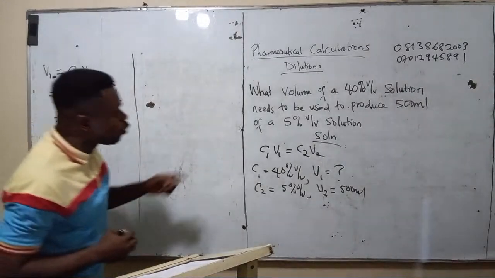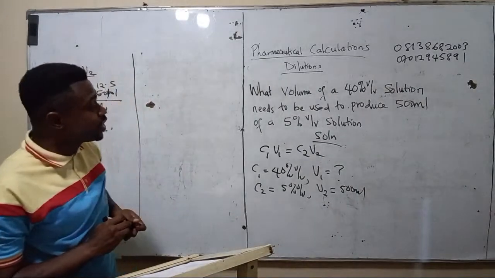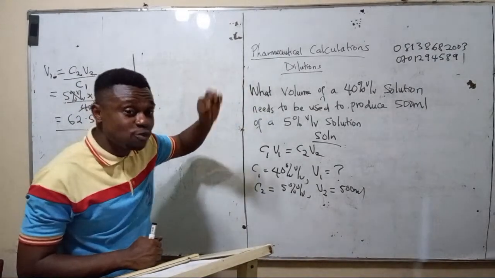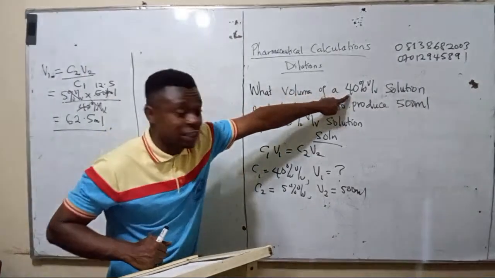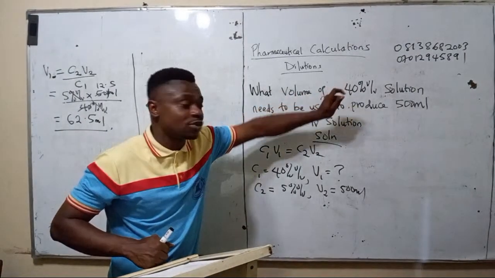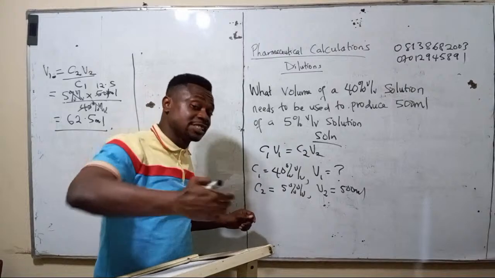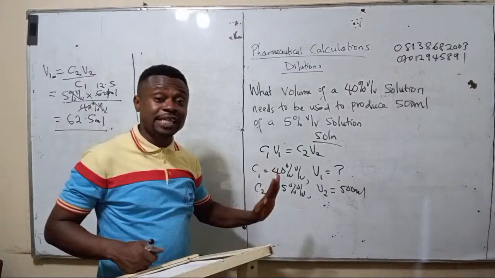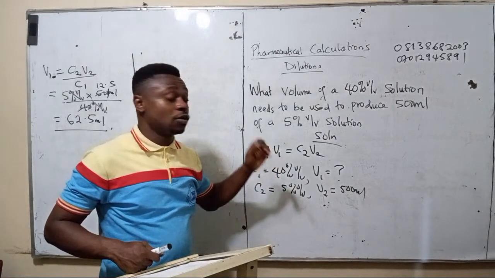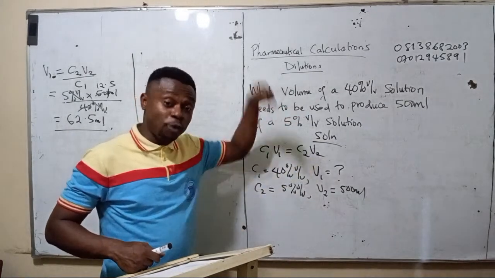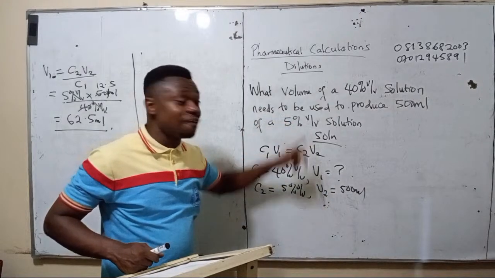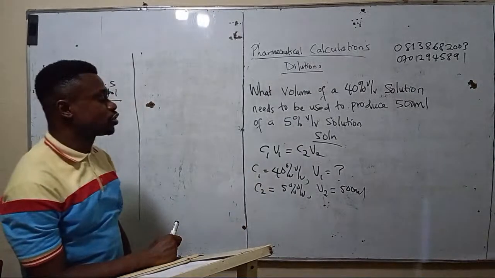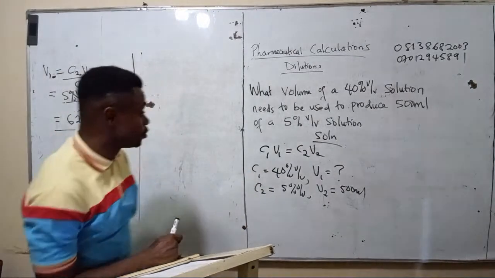What this means is that if you take 62.5 ml of this 40% volume in volume stock solution and dilute it up to 500 ml using the appropriate vehicle, the concentration of that solution will be 5% volume in volume.